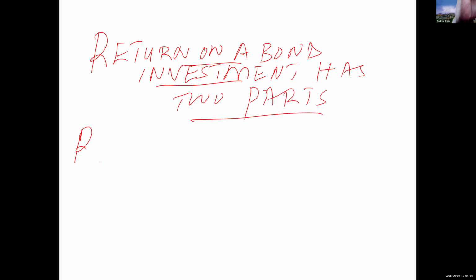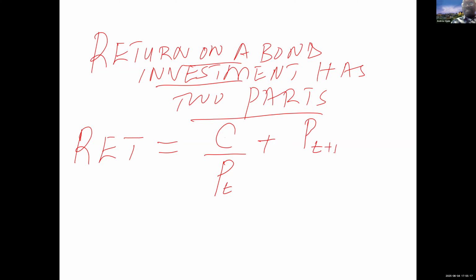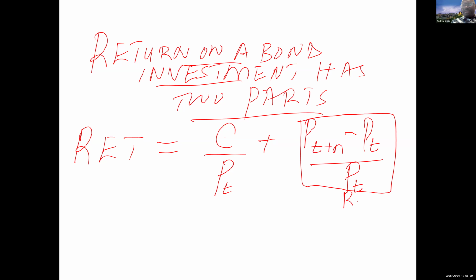So the return, let me first write the formula, is going to be calculated as the guaranteed payment C as a share of the purchase price plus the rate of capital gains, which can be written as P_{t+1}, or let's say P_{t+n} minus P_t over P_t. So this last portion here, this is what we call the rate of capital gains.